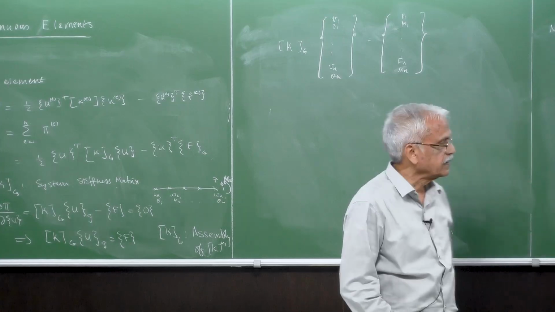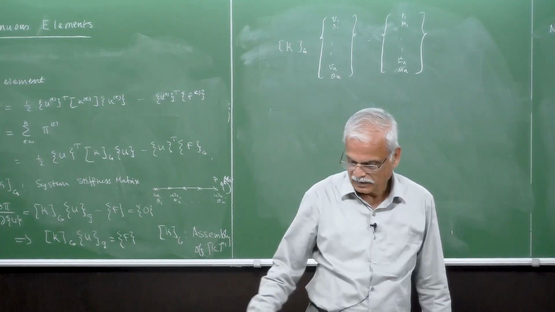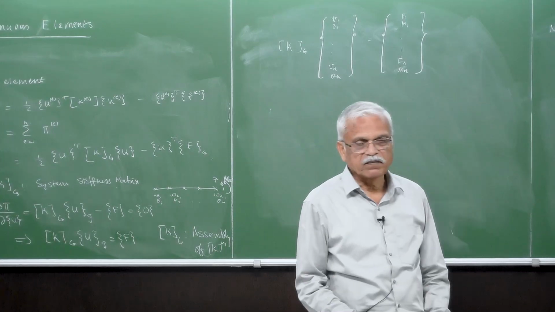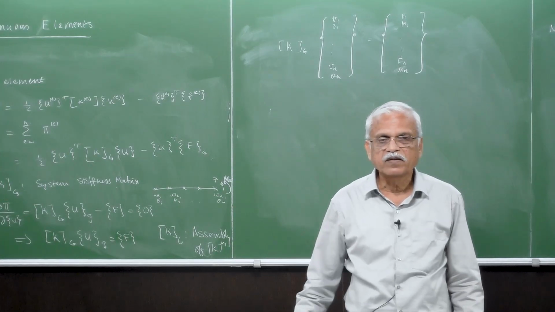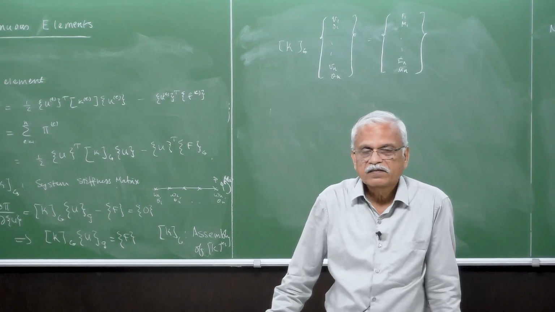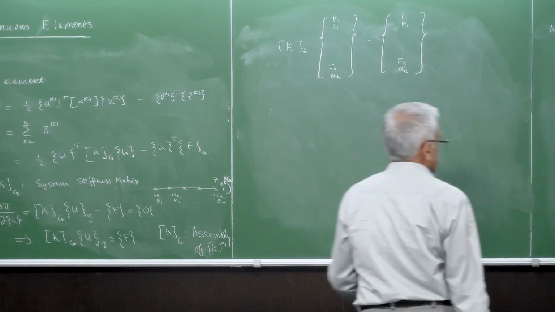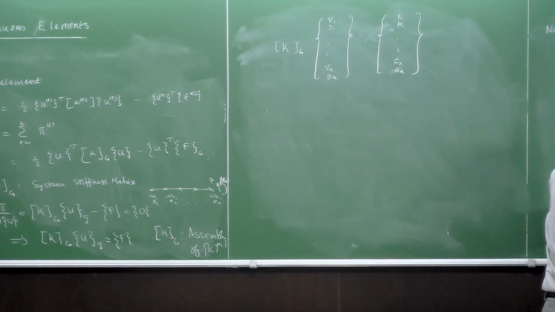So let us just summarize the convergence requirements, because we did many types of elements: 1D elements, 2D elements, triangles, rectangles, isoparametric elements, and so on. Let us just summarize what the convergence requirements are.